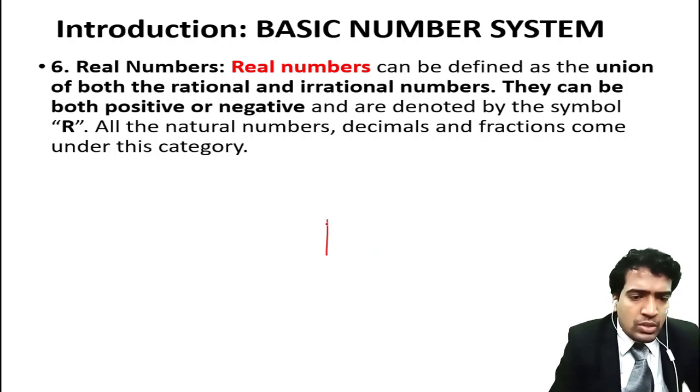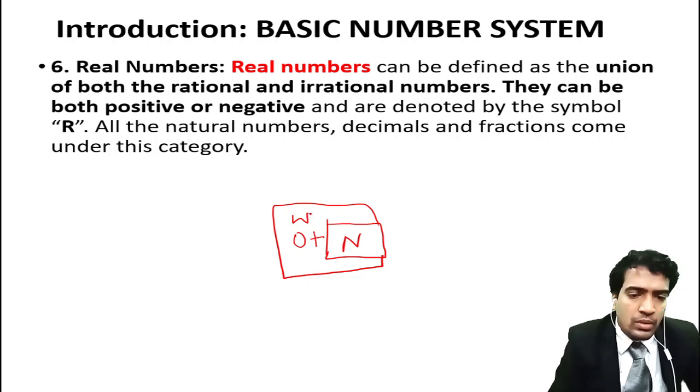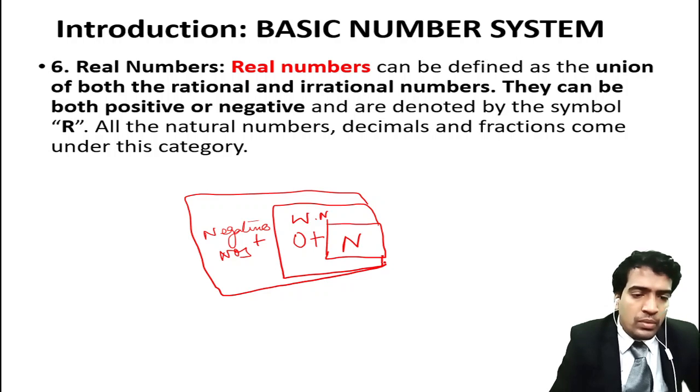We will start with the natural numbers. To this, if you add the number 0, you would have the whole numbers. Now, to this, if you add the negative numbers, then you would have the set of integers.